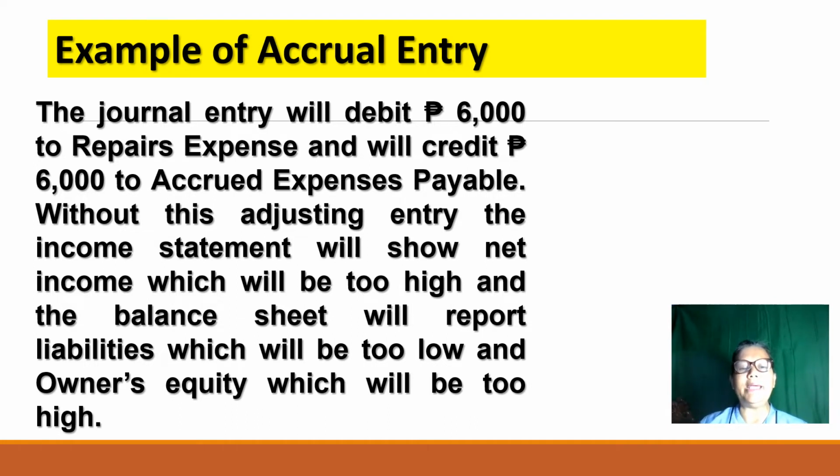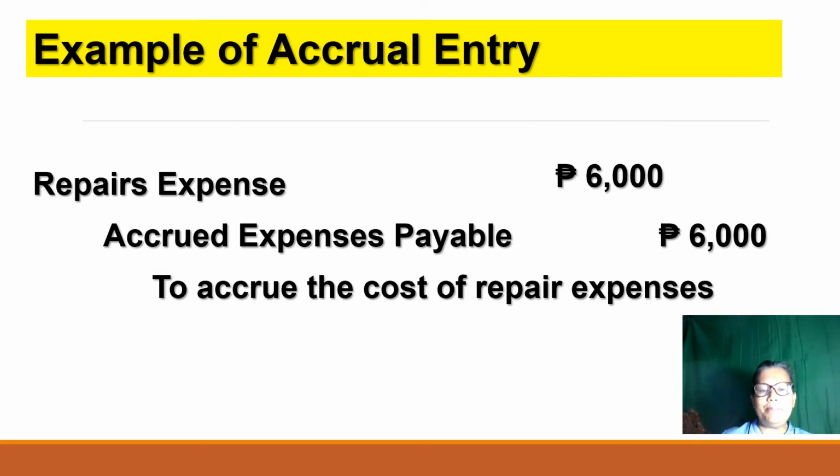So that will be the effect if the company failed to accrue the transaction that was presented. To recap, the entry would be debit repairs expense 6,000 and credit accrued expenses payable 6,000. What is the explanation? To accrue the cost of repair expenses. And this is recorded on the final day of the reporting period.